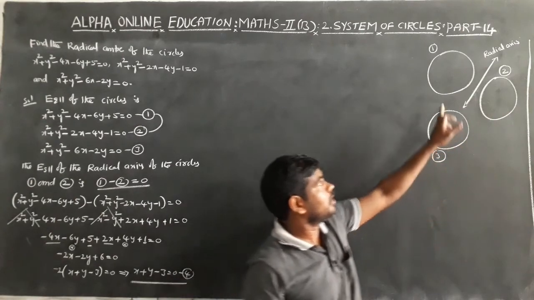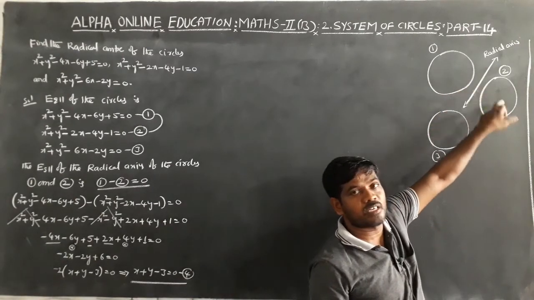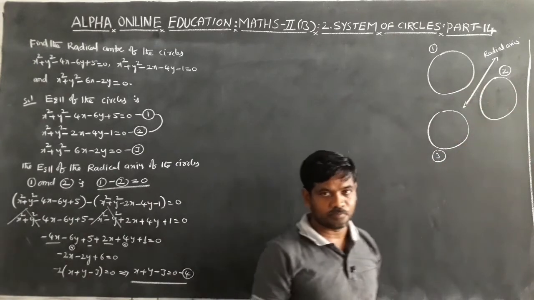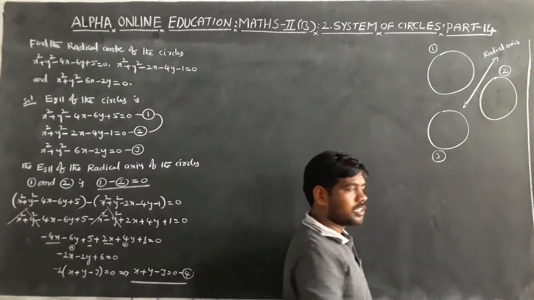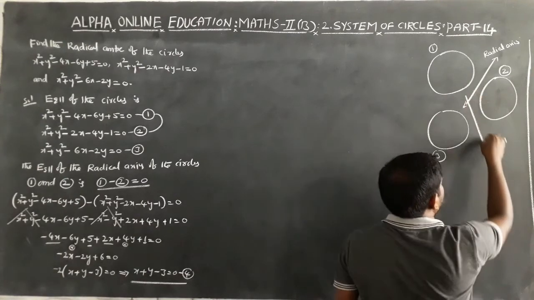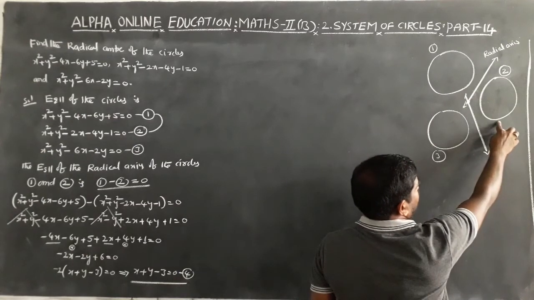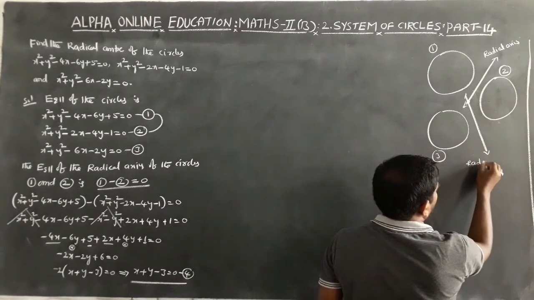Here, first of all, we found the equation of the radical axis of the two circles. Again, second one: find the equation of the radical axis of the circles 2 and 3.